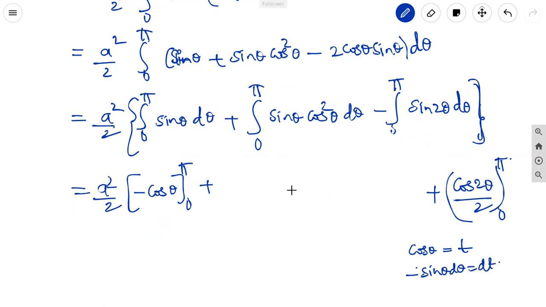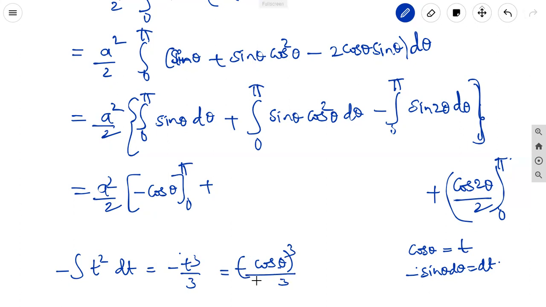So here the integration of t square into minus dt equals minus t cube by 3. That is nothing but minus cos theta whole cube by 3.